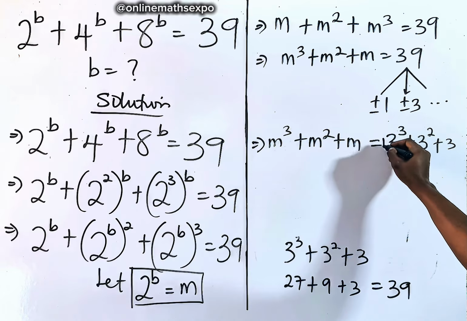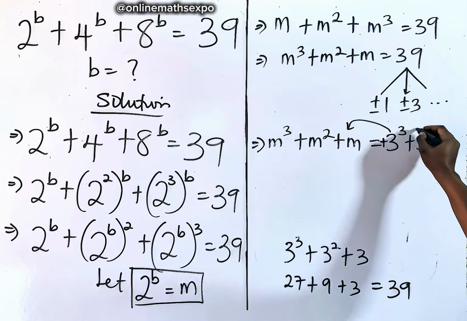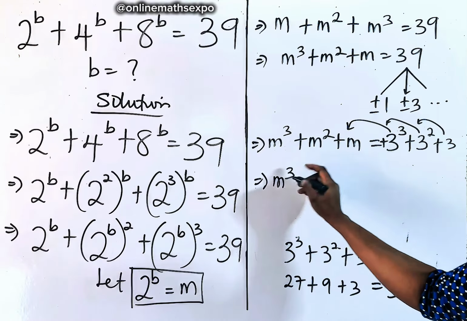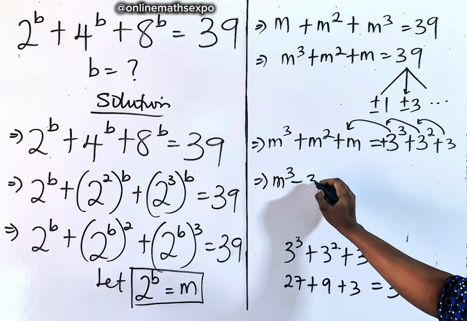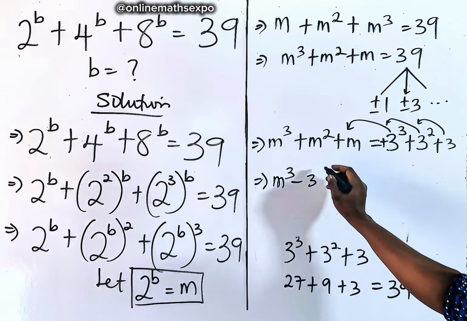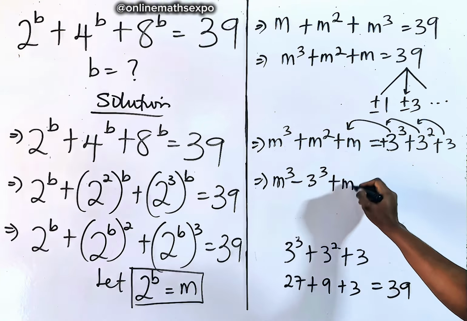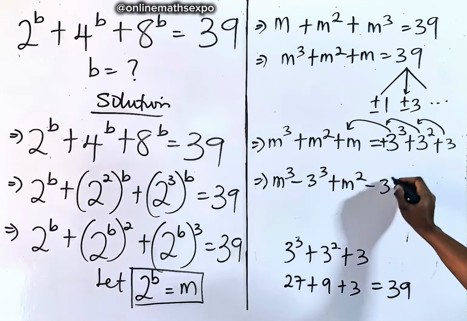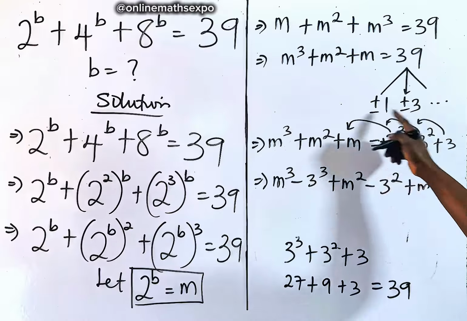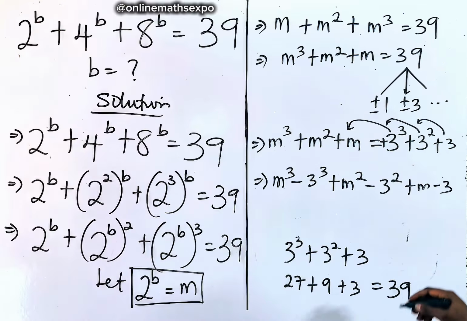So what do you do? This is positive. We're going to move them to the left side. So if you do that, we have m cubed, this one becomes negative 3 cubed. This is positive m squared, this becomes negative 3 squared. Then add m, this one becomes negative 3, and everything is equal to 0.